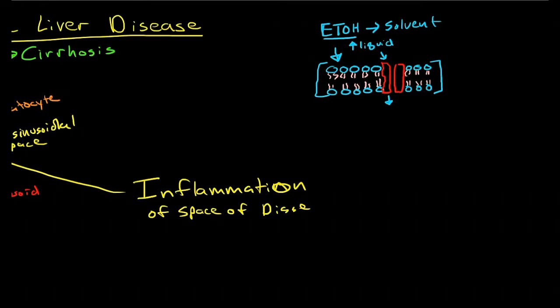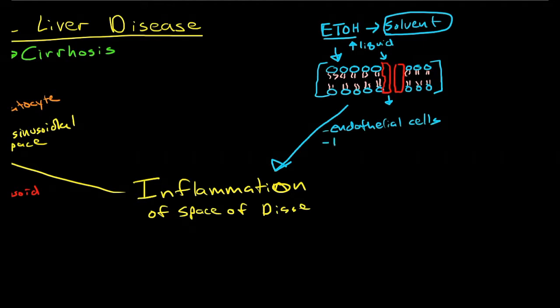But in any case, alcohol acting as a solvent to the phospholipid membrane disrupts the cells and cellular processes and leads directly to inflammation in the space of Disse because of its effects on the endothelial cells in the sinusoids and the hepatocytes directly. So that's number one, alcohol acting as a solvent to the phospholipid membrane, leading to inflammation.